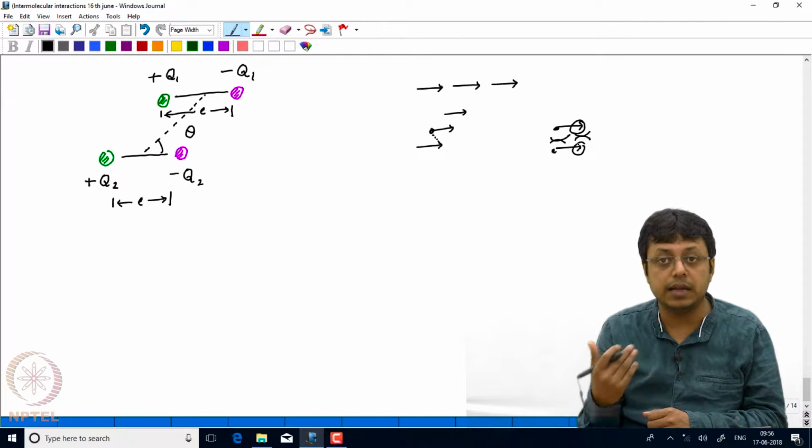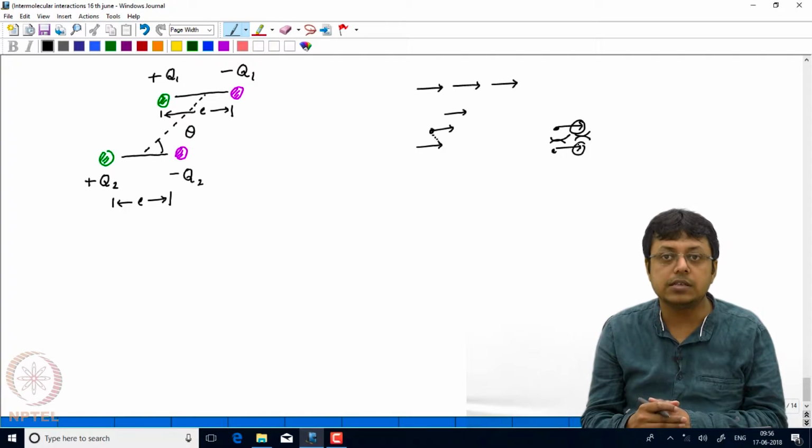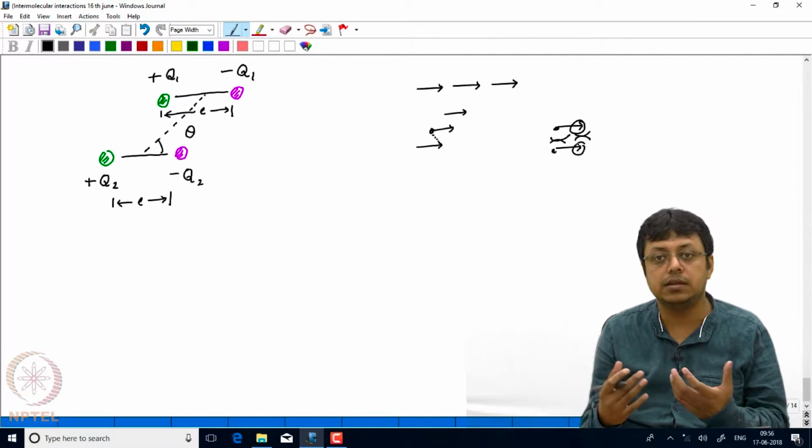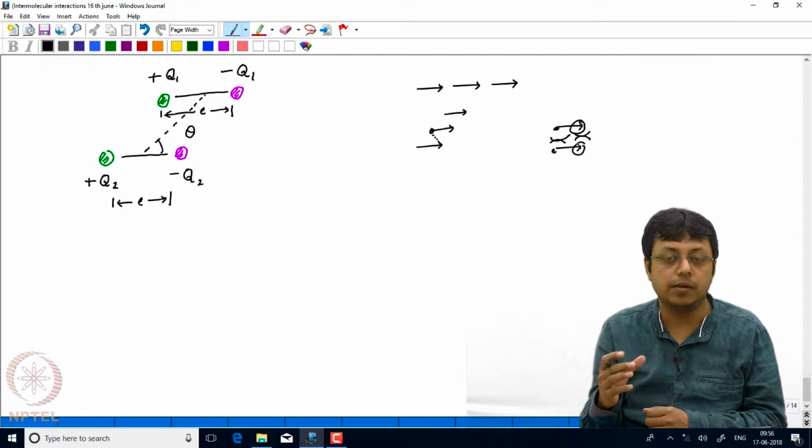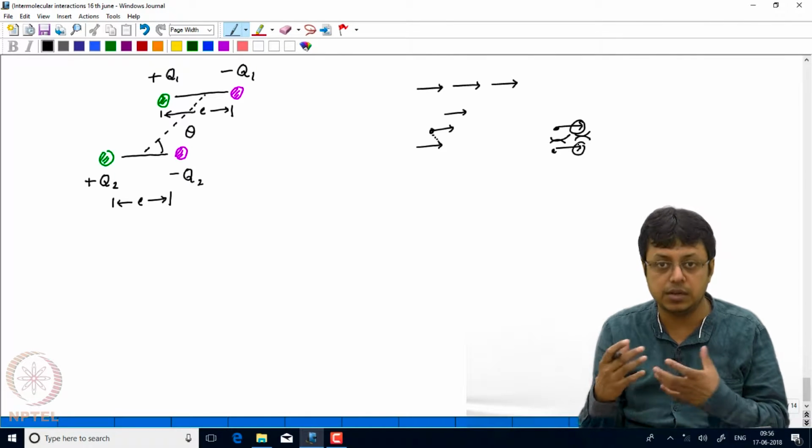Now, you actually realize molecular aggregates in nature are extremely important. For example, when you talk about light harvesting in natural photosynthesis, you know that photosynthesis is done by chlorophyll molecules, and these chlorophyll molecules do not stay in nature in an isolated condition.